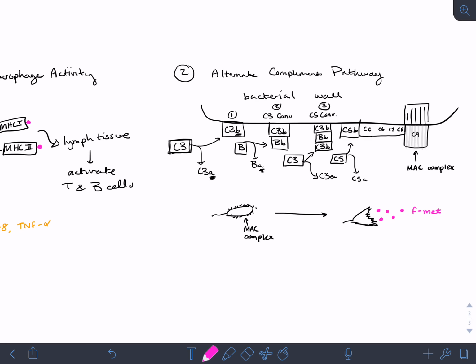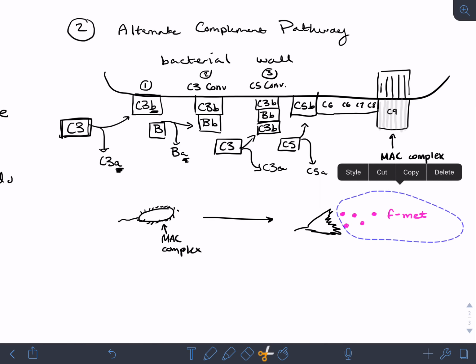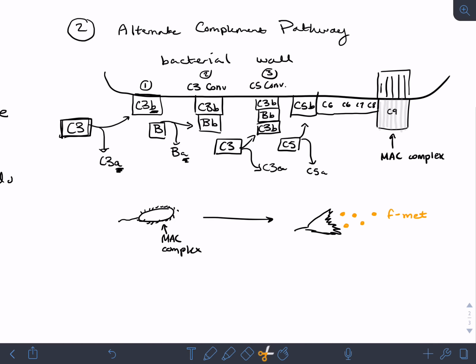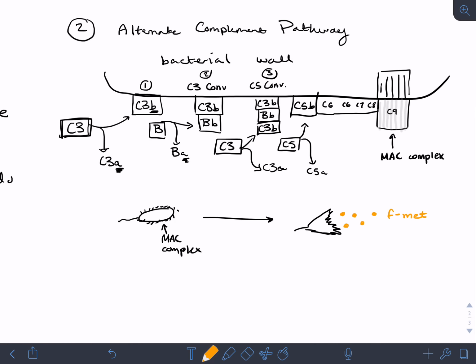Okay? So now let's just fill in some details. Actually, I'm going to change the color of this to orange. Let's talk about the function of some of these things. So aside from the pathway that we just talked about, with C3b to C3bBb to C3bBb3b, to then the MAC complex, you have some other things. You have C3a.